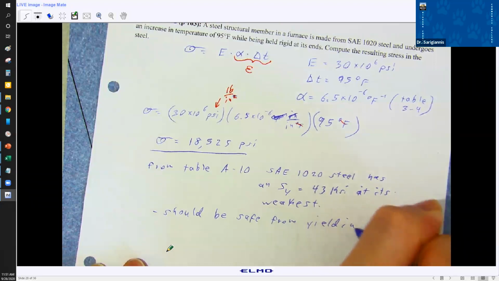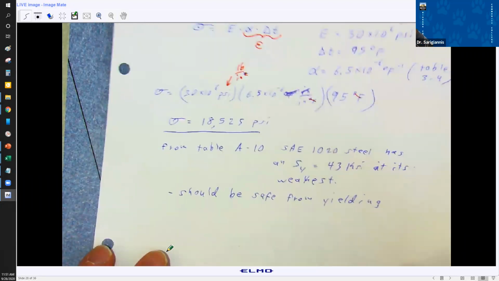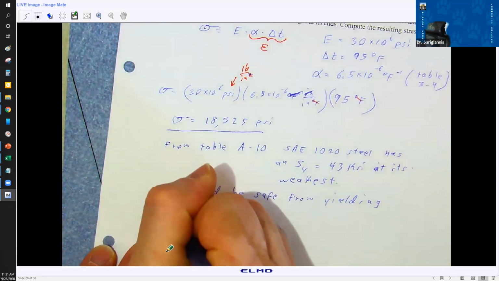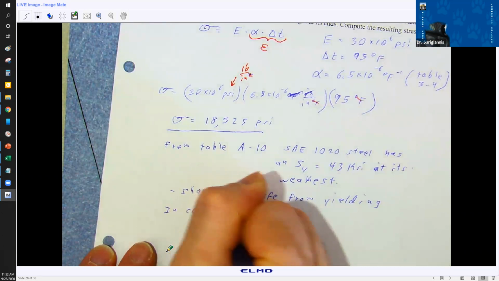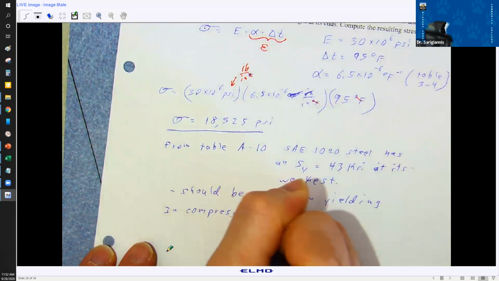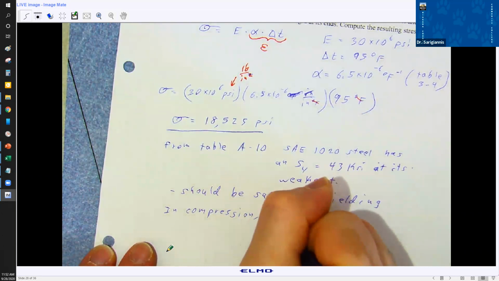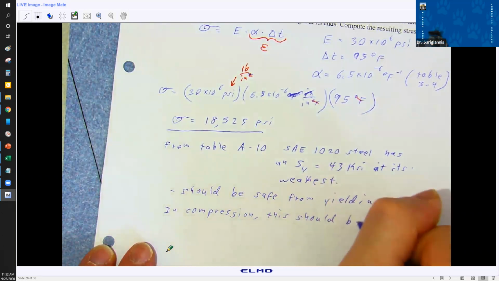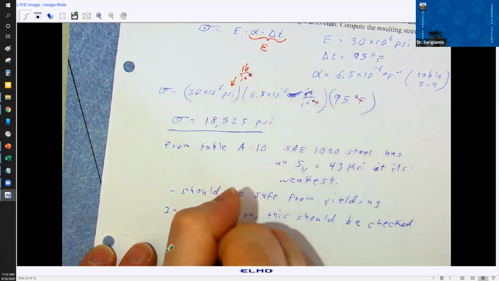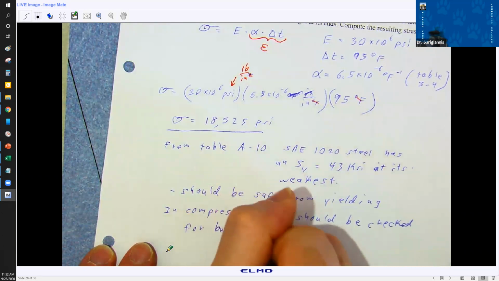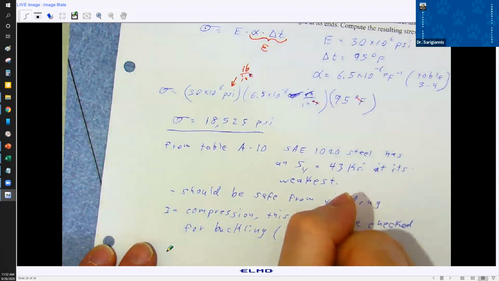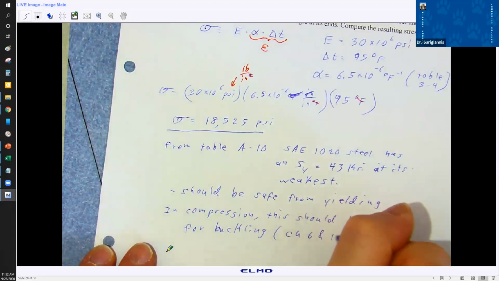But this is in compression. In compression, this should be checked for buckling. And this is not something we're going to cover until chapter 6 and 11.